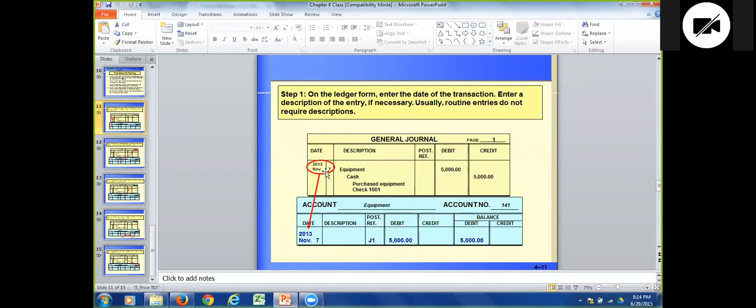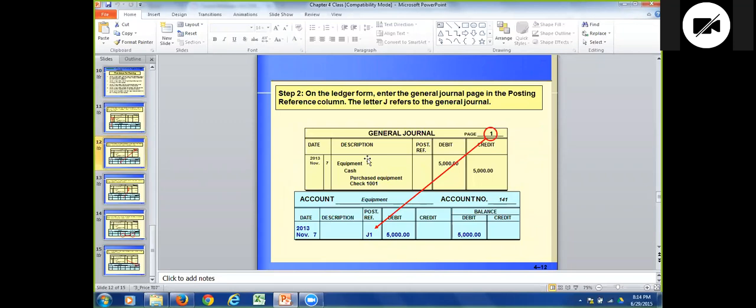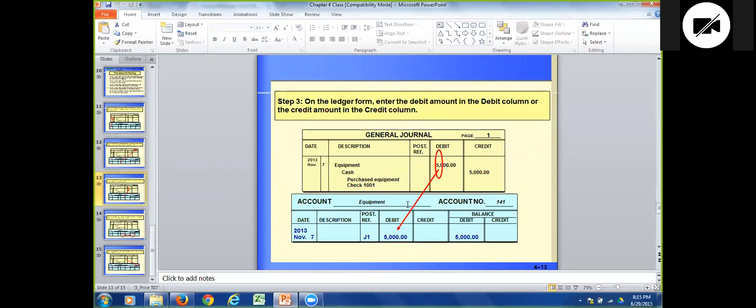November 7th, 2013, November 7th, 2013. Next, you put the post reference. J refers to general journal and 1 refers to page 1. Step 3, you transfer the amount. It's a $5,000 debit to equipment. We're looking at equipment, $5,000 debit.